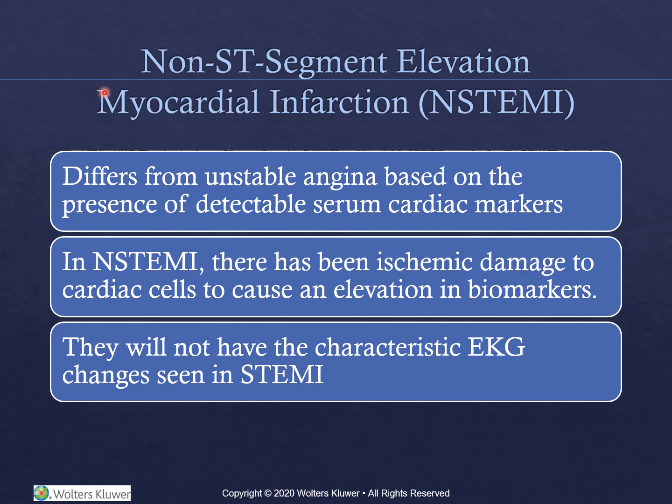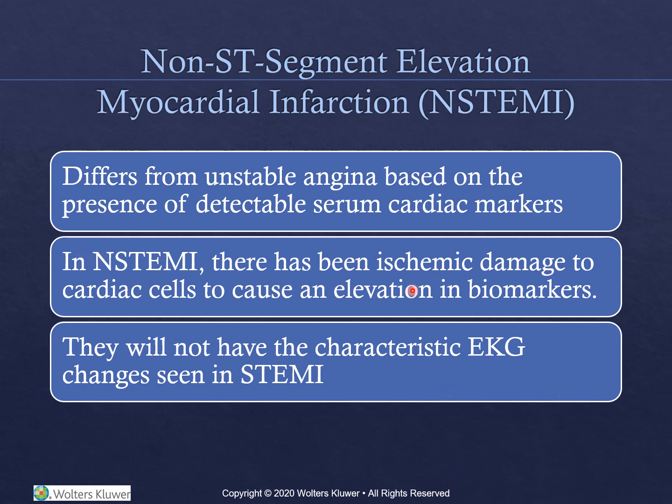So unstable angina can then progress into what we call a non-ST segment elevation myocardial infarction. This differs from unstable angina because now if we tested serum biomarkers, they would be detectable. We would have elevations in troponin, maybe in CKMB, so we would know that it wasn't just pain, that we actually had some ischemia occurring that damaged those cardiac cells.